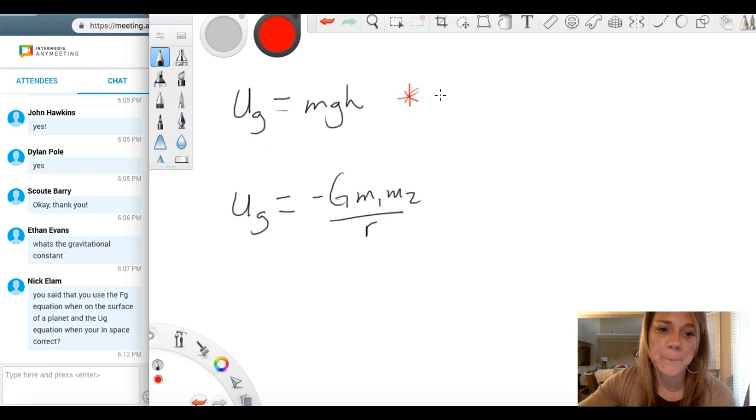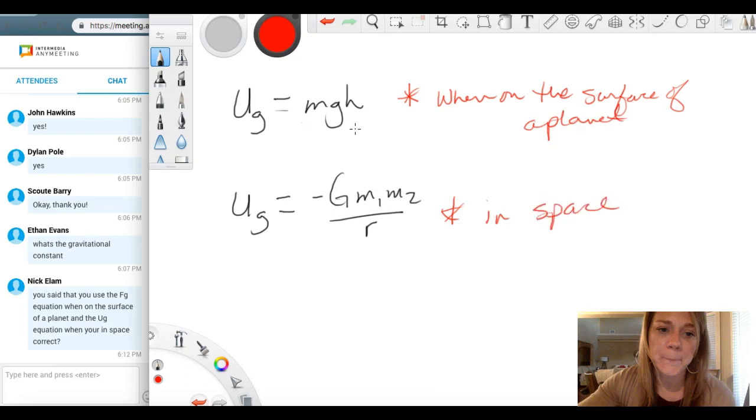This is the one you want to use when on the surface of a planet. This is the one you want to use when you are in space.